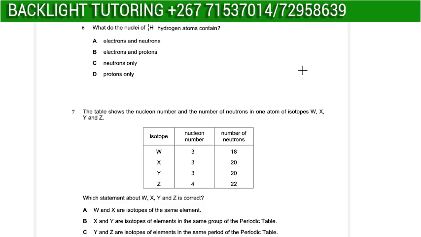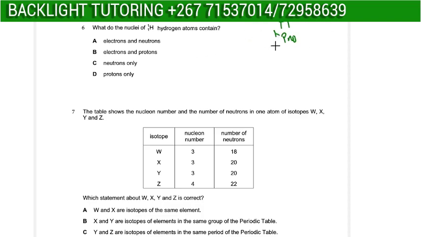Question 6. What does the nuclei of hydrogen atoms contain, right? So we can see that in this we have one proton, this mass number, right?